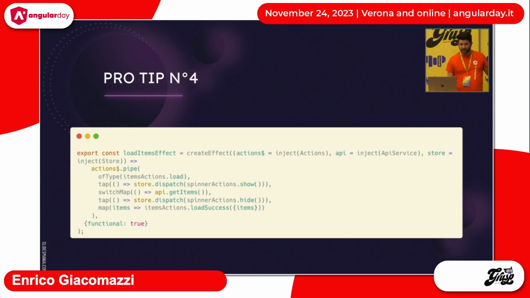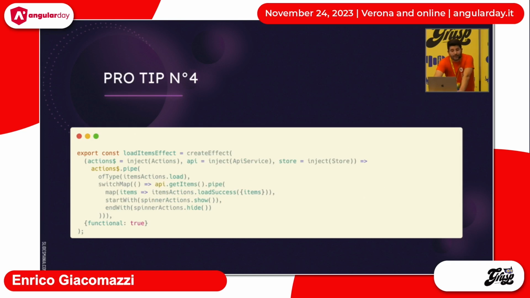But look at that. We have an effect that takes an action and returns an action, and in the middle I use a different way to put out another action. Quite a mess. So what can we do? Something like this.